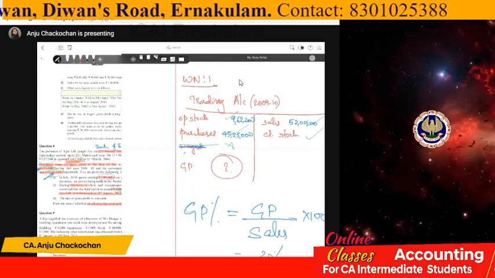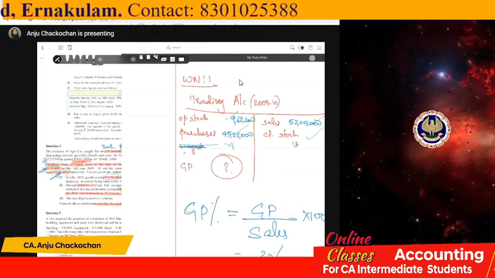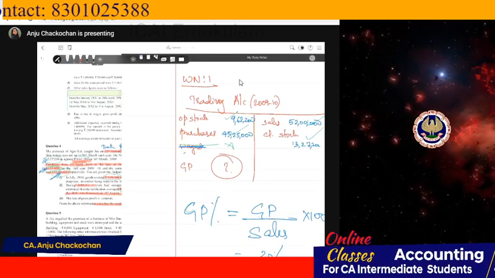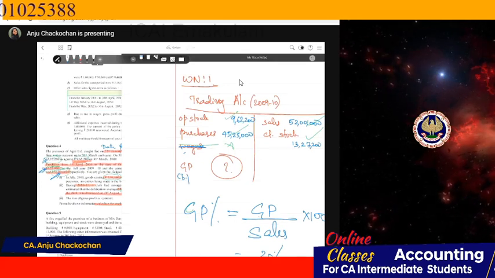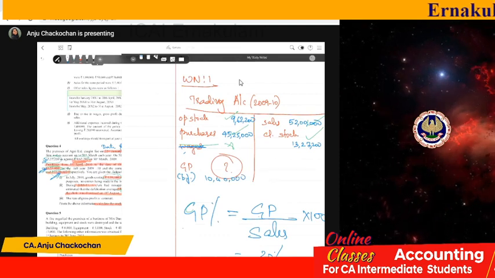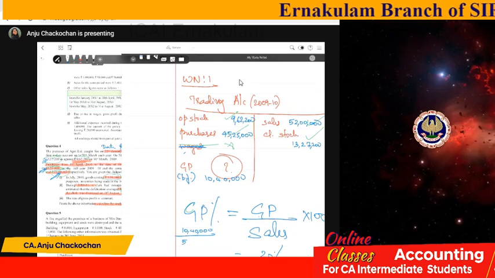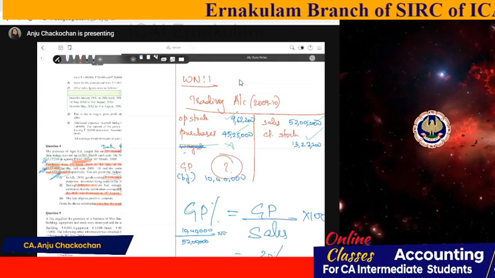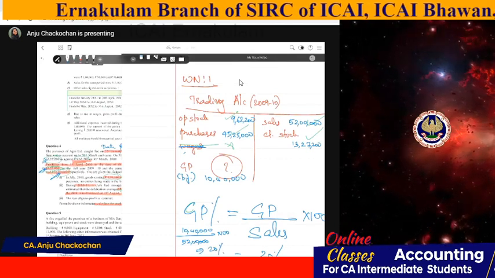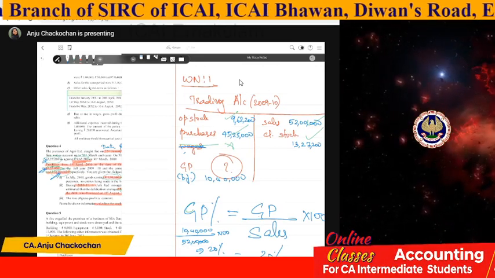And the closing stock is also given as 13 lakh 27,200. So the difference you will be getting is the GP amount. It is the balancing figure, which is 10 lakh 40,000. So 10 lakh 40,000 divided by 52 lakh into 100, you get the GP percentage, 20. Is this fine, Devika? Okay, good.